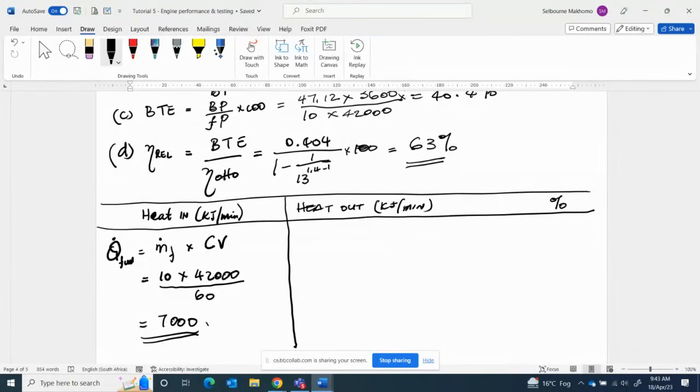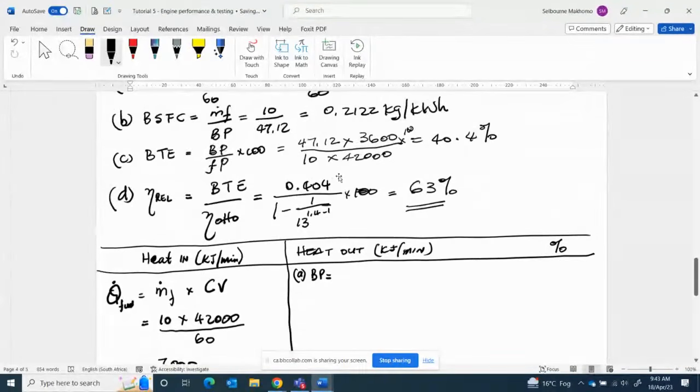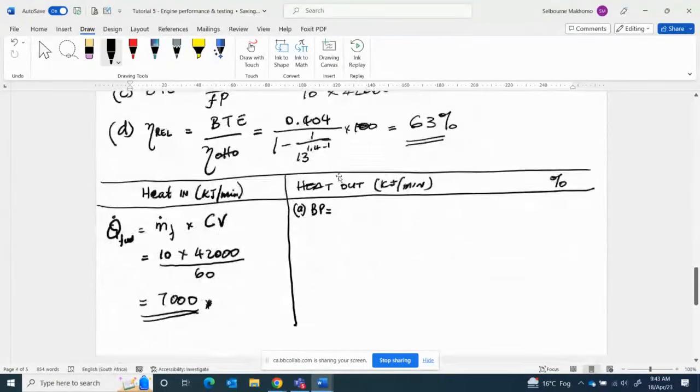Now we want to see from this 7,000, how much was converted into work, how much was taken by exhaust gases, and how much was taken by cooling water. So we start with the first one, where we say A is BP. We already have the BP, which we said is 47.12 kilojoules per second.